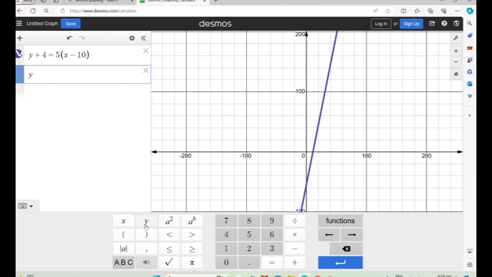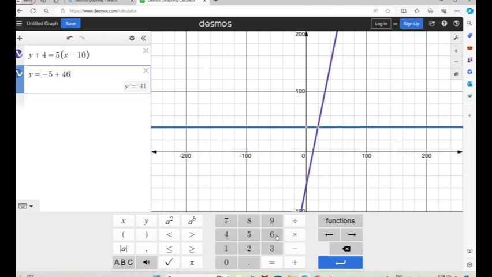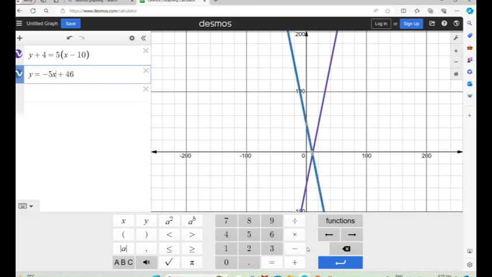Desmos will graph this as a straight line with a slope of -5 and a y-intercept of 46. And for the last, the standard form, we will input 5x plus y equals 46. Desmos will graph this equation as a straight line.